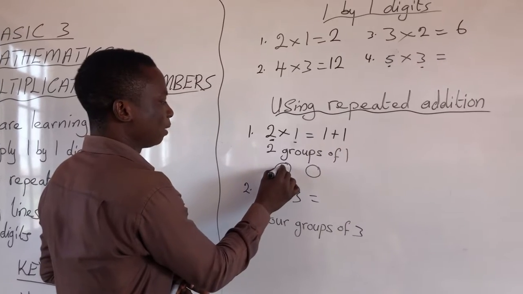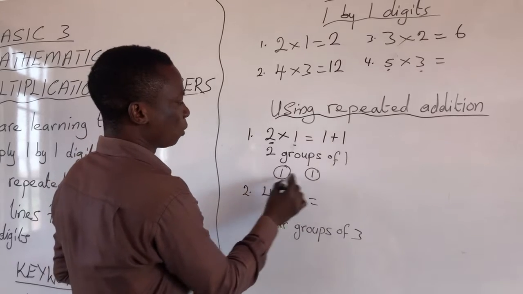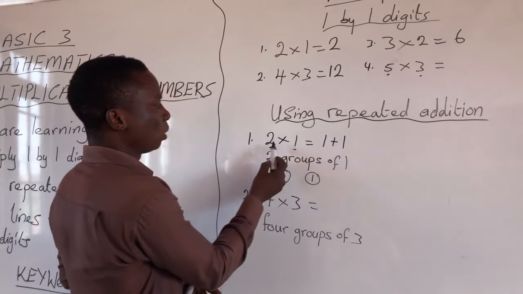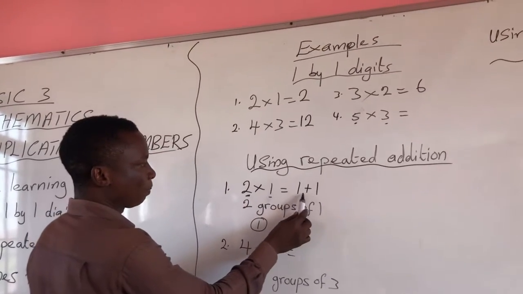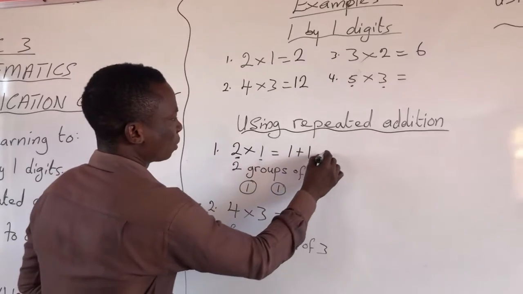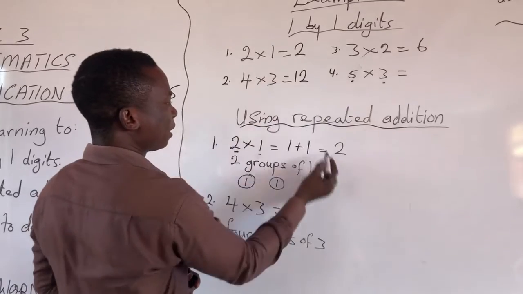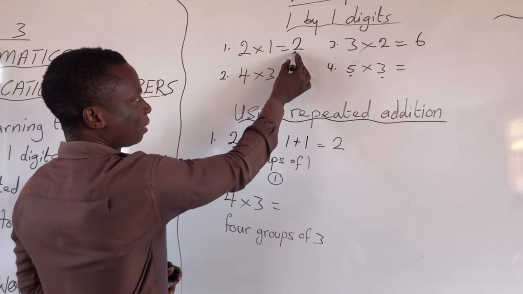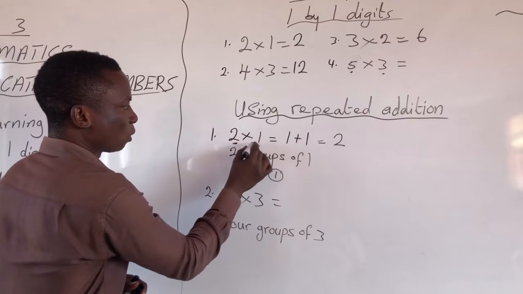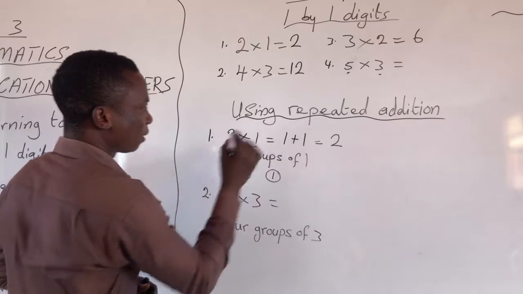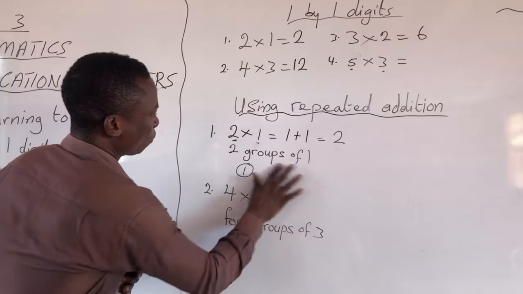So how many elements in one group? 1 element, 1 element. So 2 groups, that is, you count 1 two times. So 1 plus 1 is the same as 2. So you realize this is how we got the 2 here. 2 groups of 1, so 1 plus 1 equals 2. Now let's look at the next one.